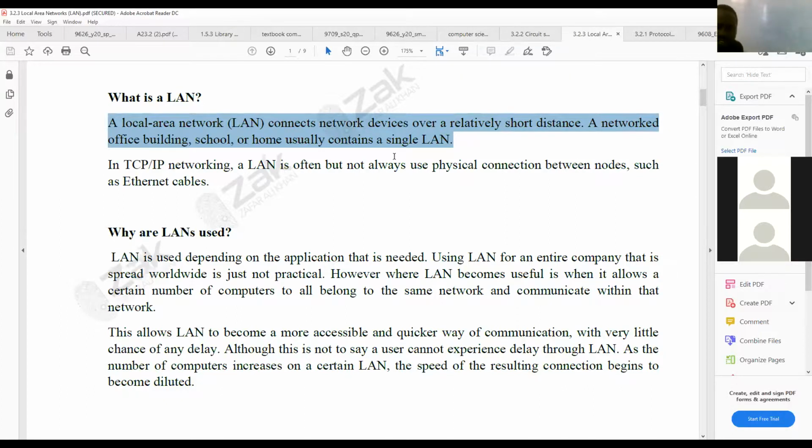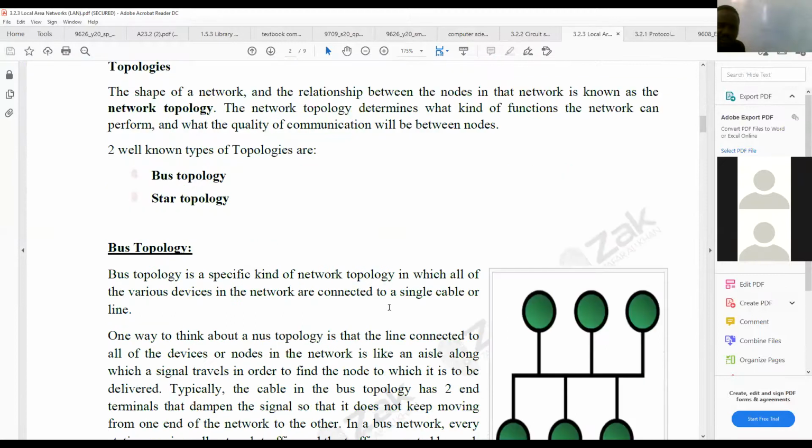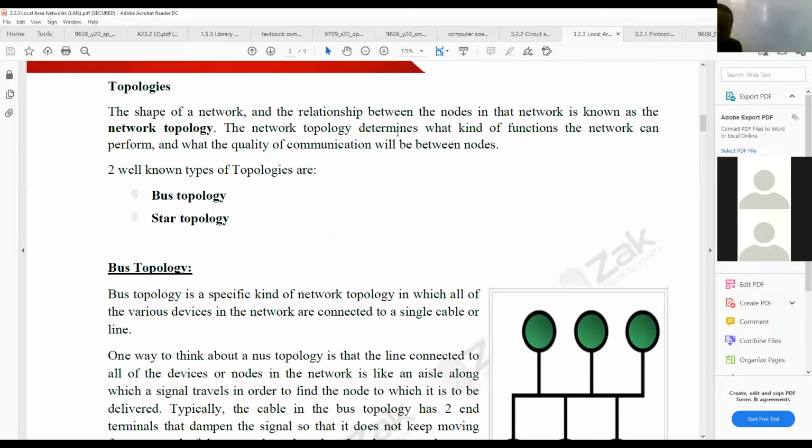Now, we have what are called network topologies, which apply to local area networks. The word topology means arrangement.